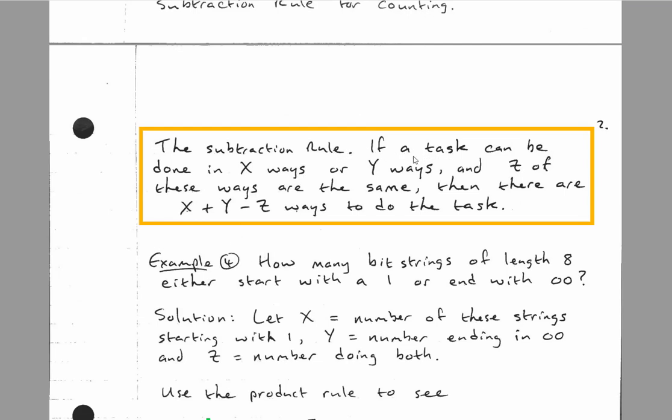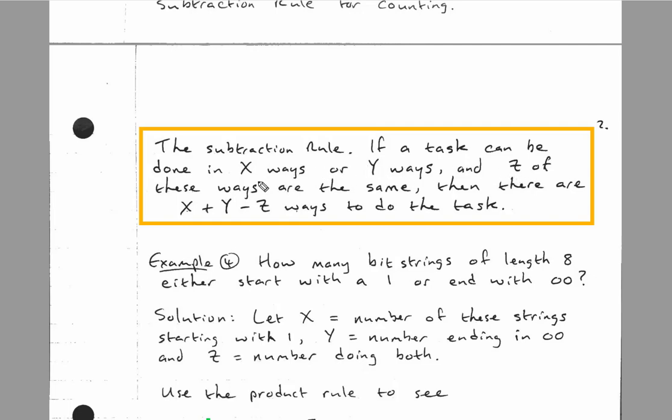Okay, so if you have a task that can be done in X ways or Y ways, but Z of those ways are really the same, then there are X plus Y minus Z ways to do the task. So this kind of generalizes the sum rule.